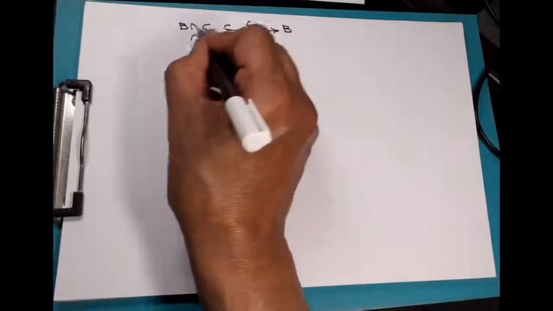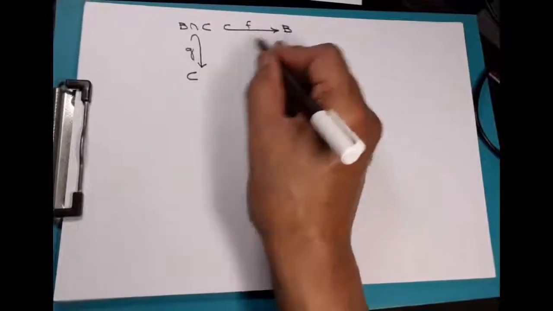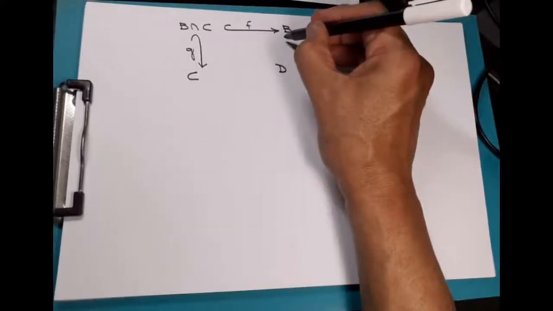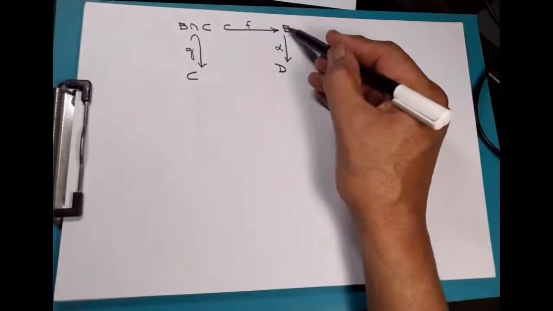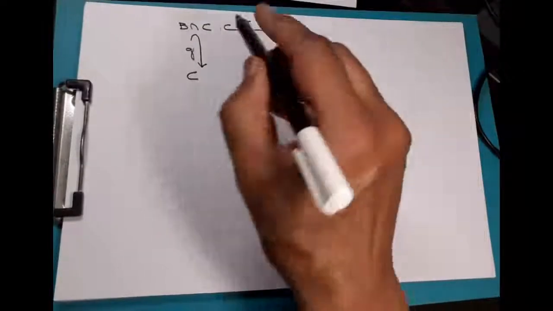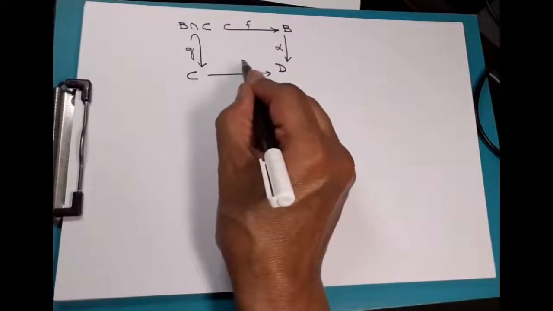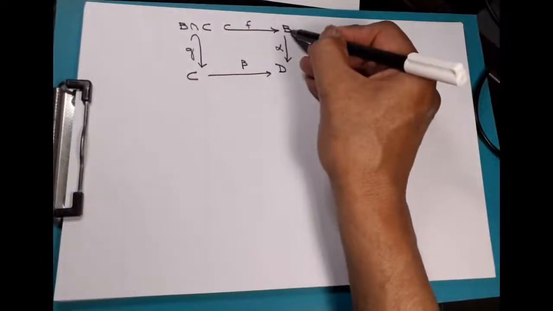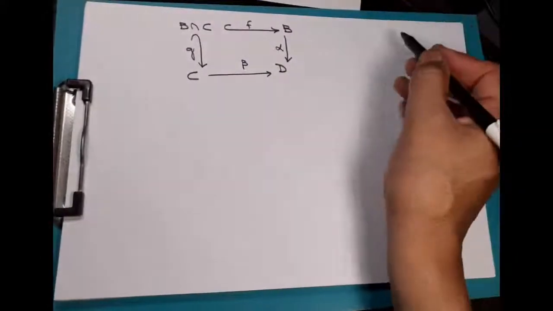We denote it by F, we denote it by G, and next we have the sum of these two submodules B and C. B plus C, we denoted it by capital D, and we have these two maps. This is alpha, which takes any element of capital B to itself in D, and similarly we have this map beta, which again takes any element of C to itself in D. Any small b goes to b plus 0, any small c goes to 0 plus c. We have defined it already.